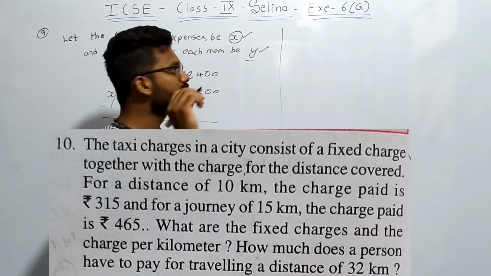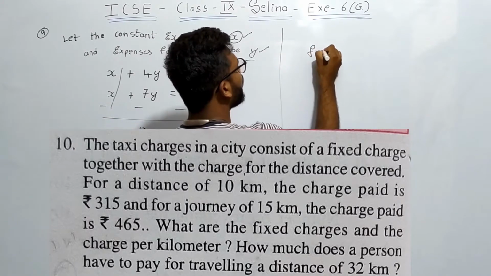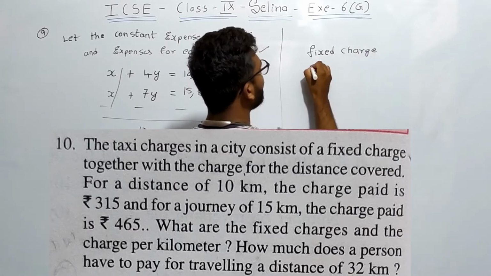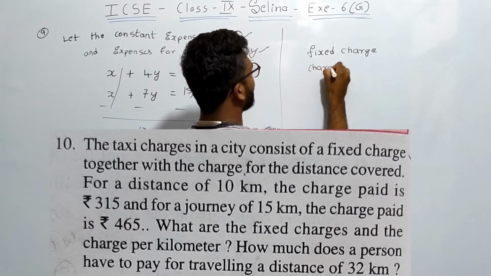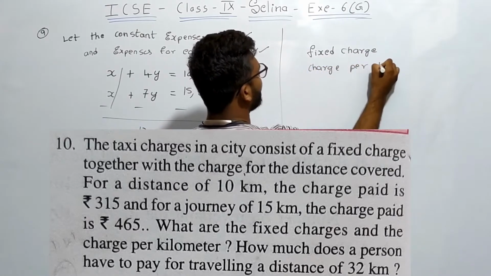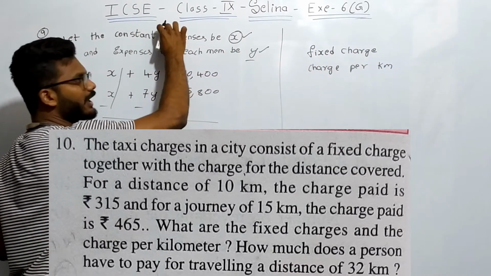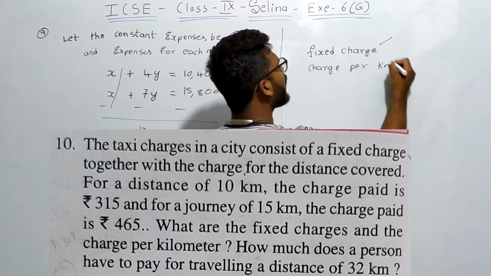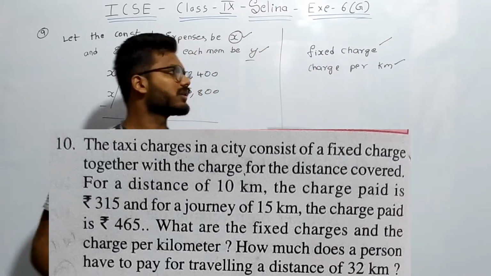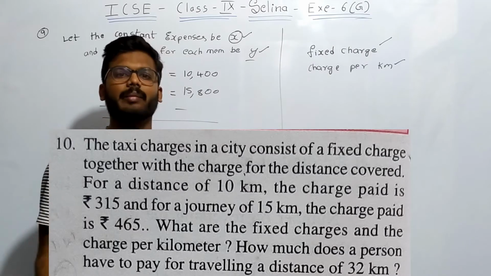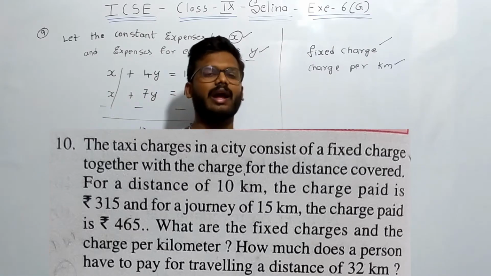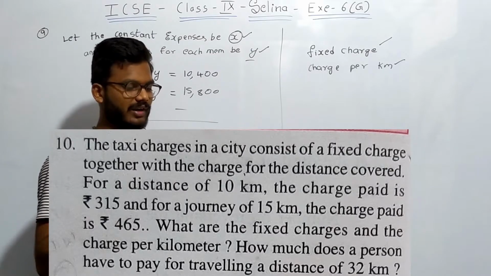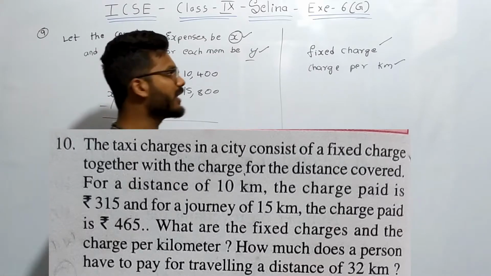Here they are telling some fixed charge and a charge per kilometer. Some charge is fixed, and based on how many kilometers you went, they will charge that much amount. So for a distance of 10 kilometers, the charge paid is 315.